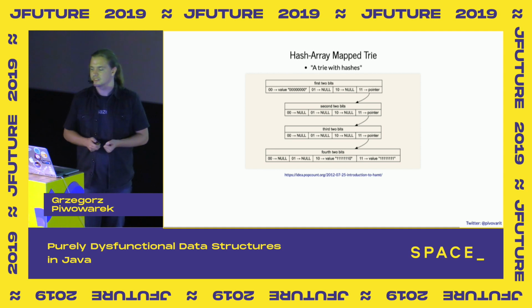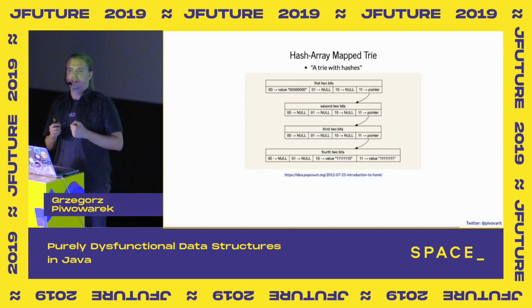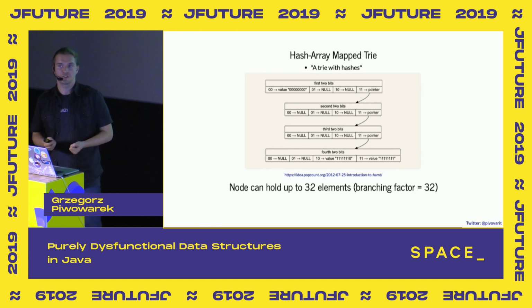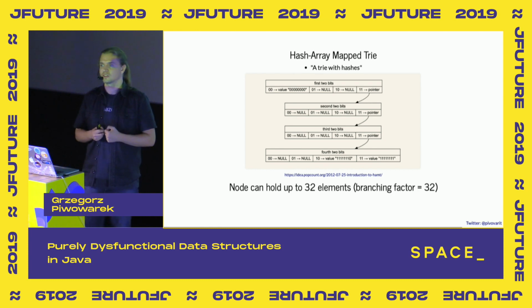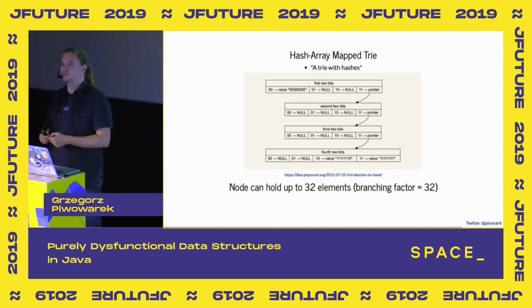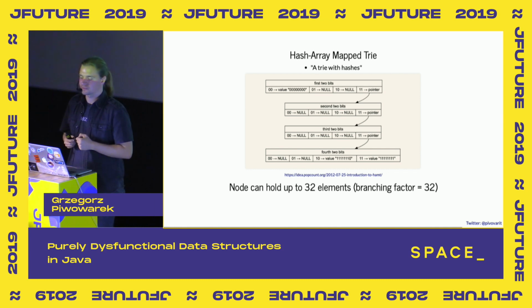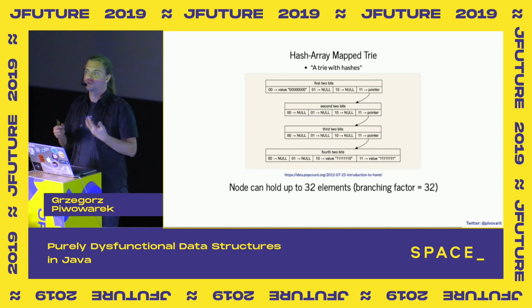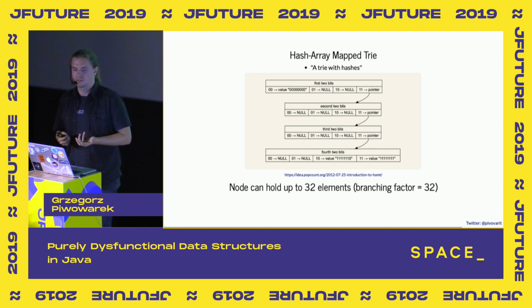And the trick is that all those nodes use extremely high branching factors. For example, 32. So each of those nodes can hold even 32 children. And now we can pretty much effectively do lookups when it comes to particular elements.